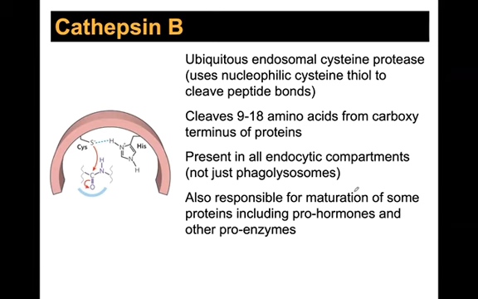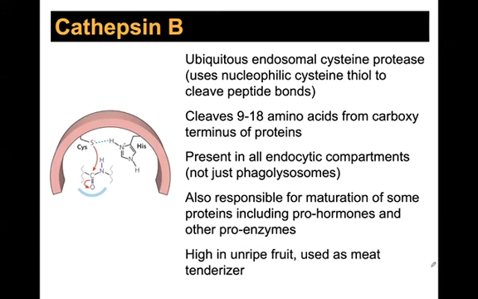Now, cathepsin B is also present in the exocytic compartment. So it's responsible for cleaving prohormones or proenzymes into their active form before they're released from cells. So it has other roles besides this antigen generating part of the immune system. And for any of you who have ever tenderized meat in pineapple or citrus fruits, you're actually using cathepsins.